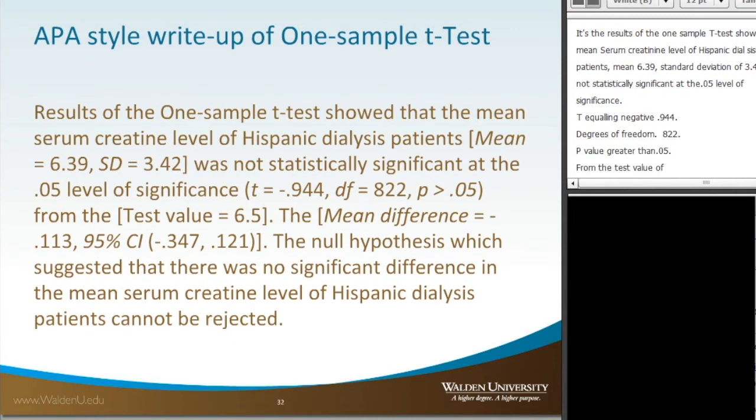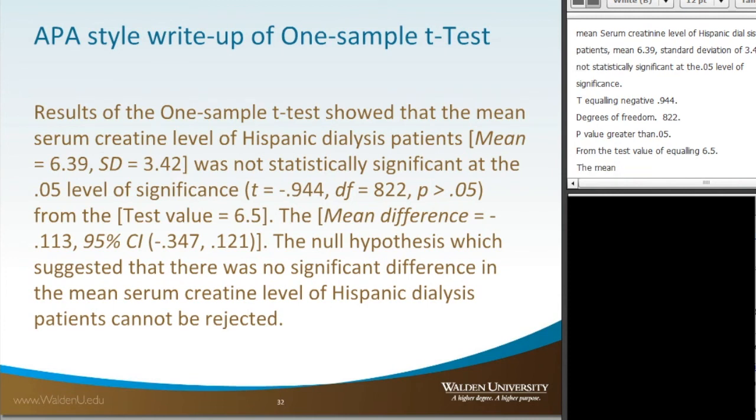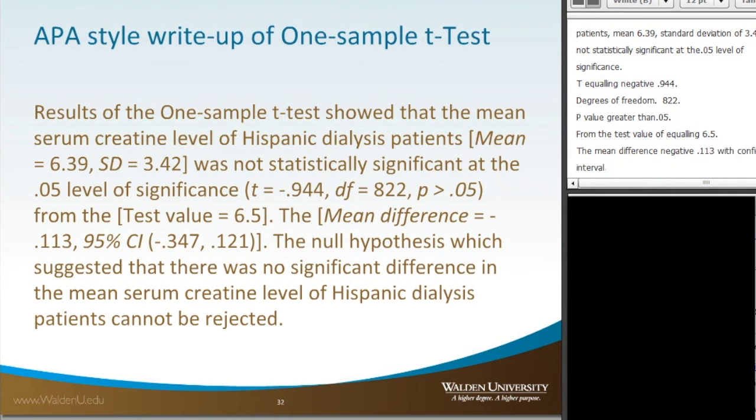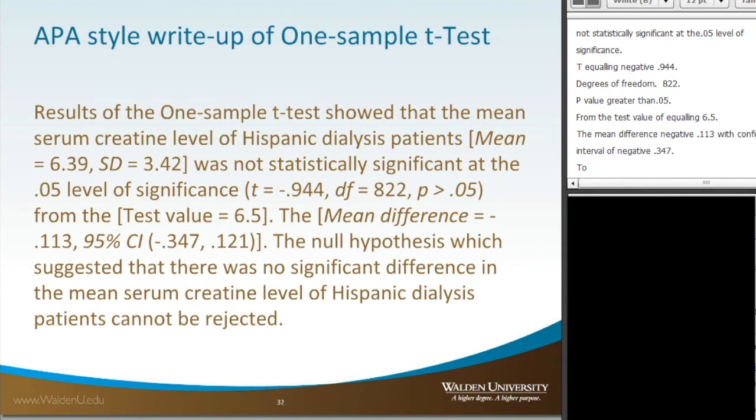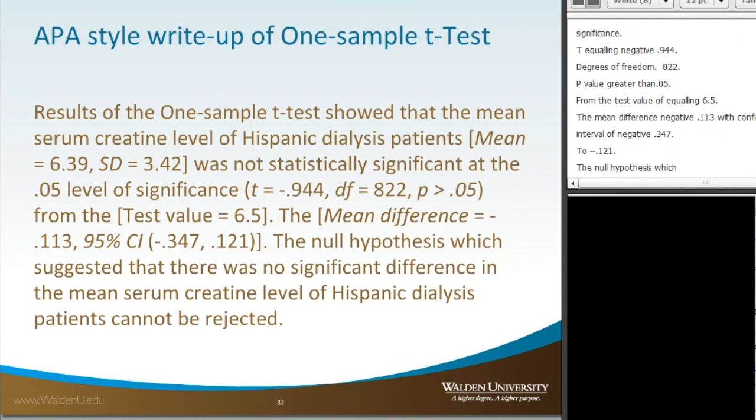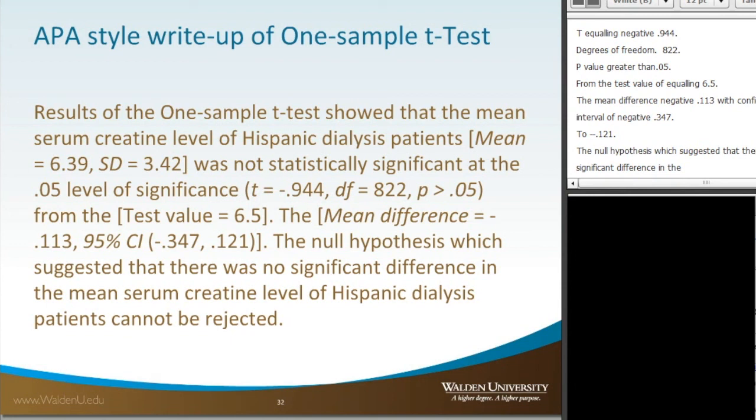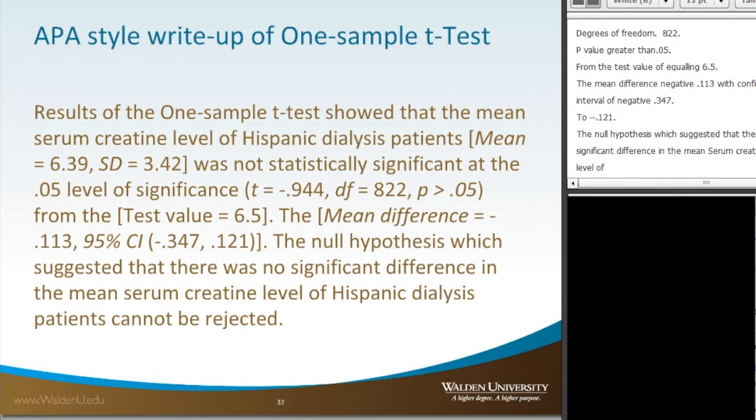The mean difference equaled negative 0.113 with the confidence interval of negative 0.347 to 0.121. The null hypothesis, which suggested that there was no significant difference in the mean serum creatinine level of Hispanic dialysis patients, cannot be rejected. And so that's our APA write-up for a one-sample t-test where it's non-significant.